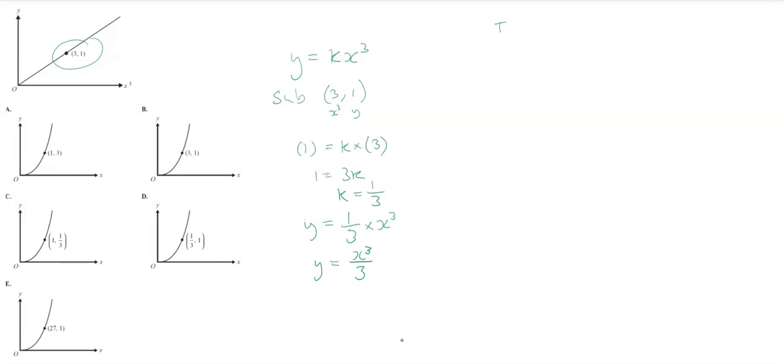So we're now going to try the points. First of all we're going to try the point 1, 3 by subbing it into the equation, so the y value and the x value. So 3 is equal to 1 cubed over 3. That simplifies to 3 equals 1 over 3, which is not true.